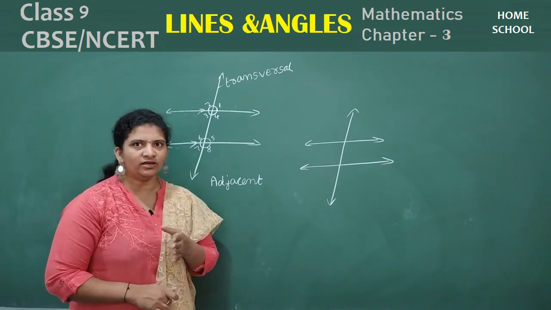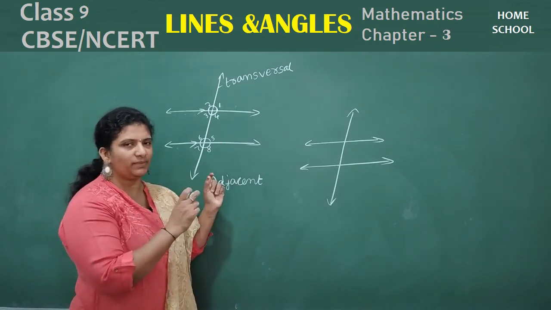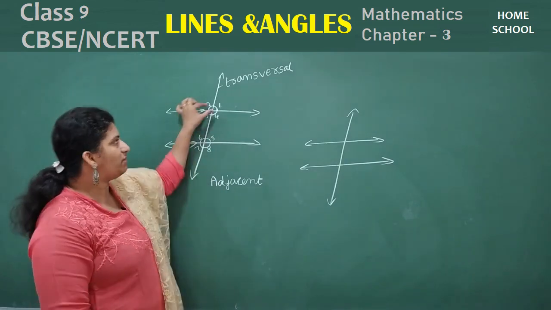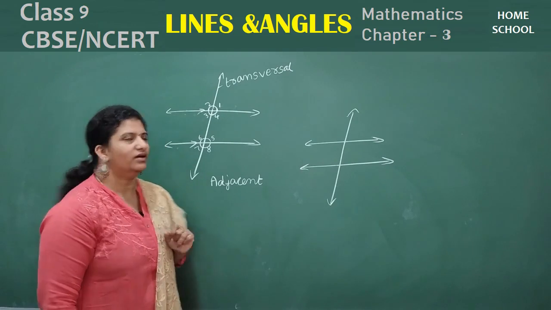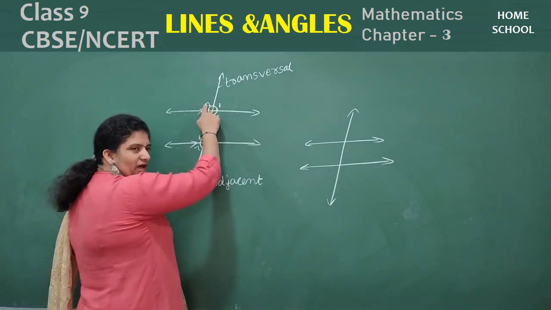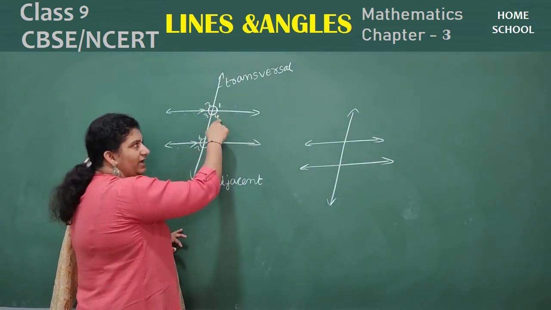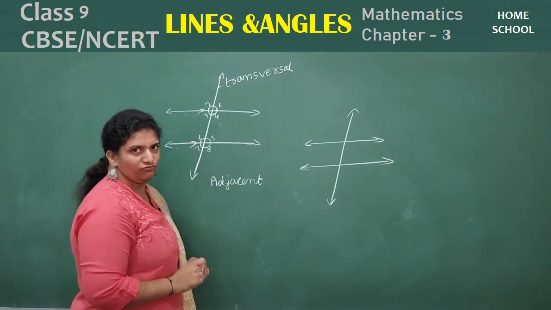Are you following? Now see this example, understand very carefully. Every pair of angles, I say they are adjacent to one another. That is, angle 1 is adjacent to angle 2 or angle 4.